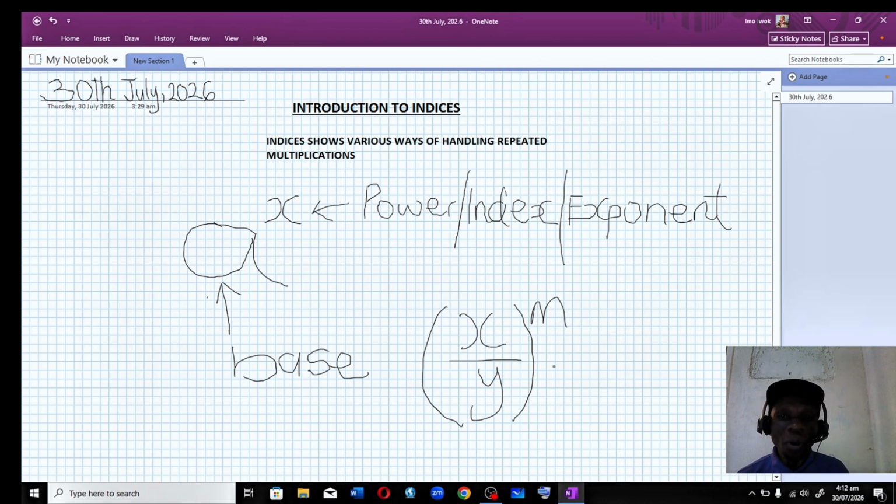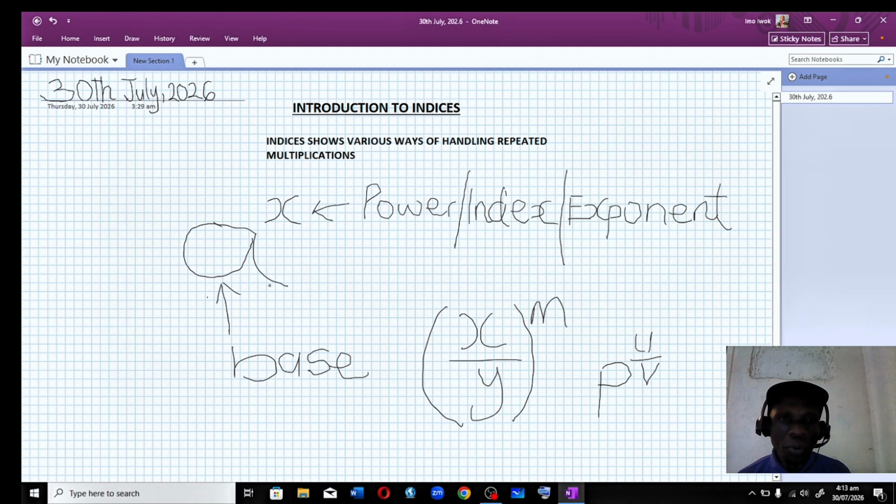Now there are cases also where the base is an integer, but the power becomes a fraction. Stuff like this. If I have p raised to power, what do I use here? I can say u over v. Can you see that? In this case, p is the base, while the power is not just u, it's not just v, but the entire u over v.